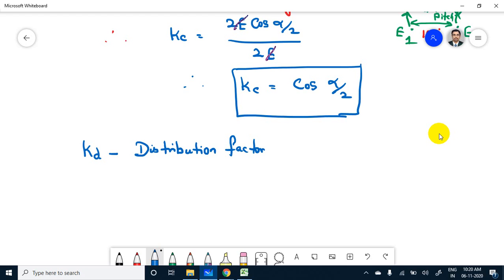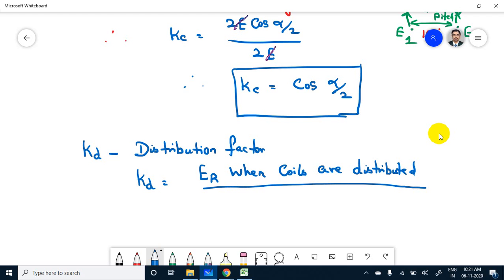Okay, the definition of distribution factor: Kd equal to the ratio of resultant EMF when coils are distributed, to the resultant EMF when coils are concentrated.